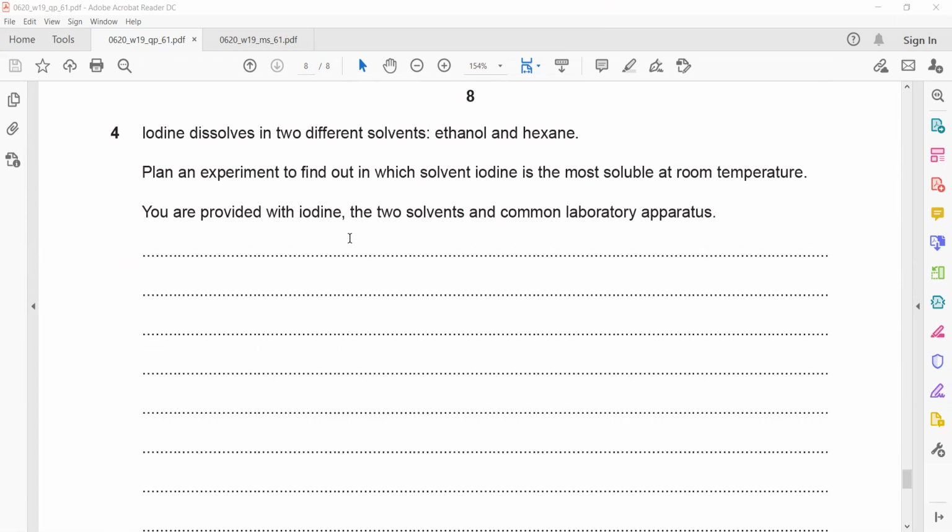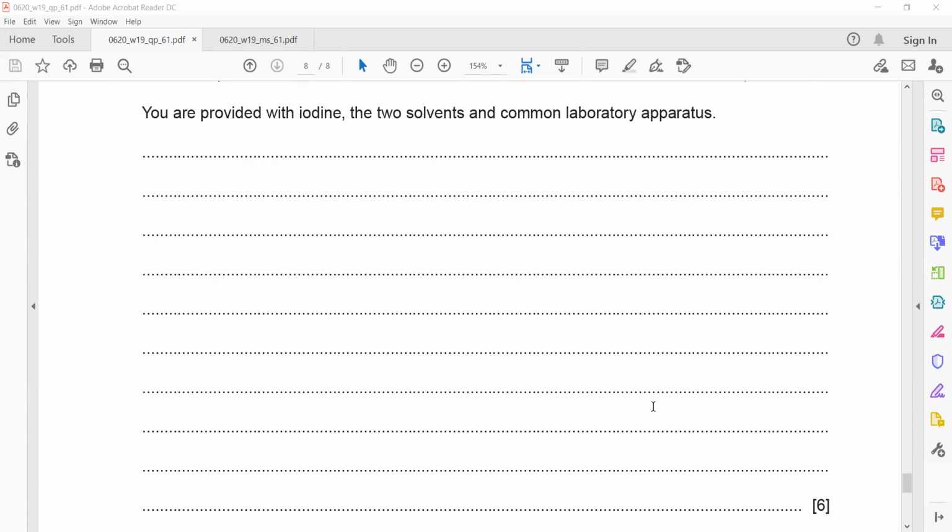The last question of paper 6. Iodine dissolves in two different solvents, ethanol and hexane. Plan an experiment to find out in which solvent iodine is most soluble at room temperature. You are provided with iodine, two solvents, and common lab apparatus. It's of 6 marks.